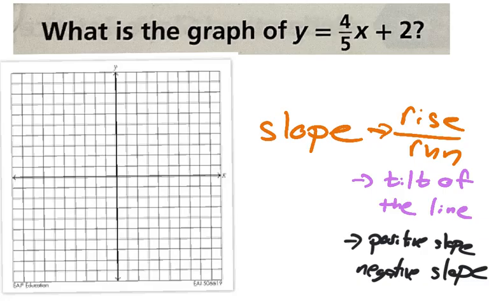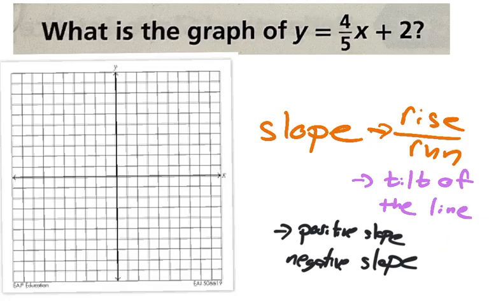Positive slope goes up from left to right. Sorry, I'm not used to writing this many words. And negative slope goes down from left to right. L to R. Can y'all make out what my chicken scratch is saying?